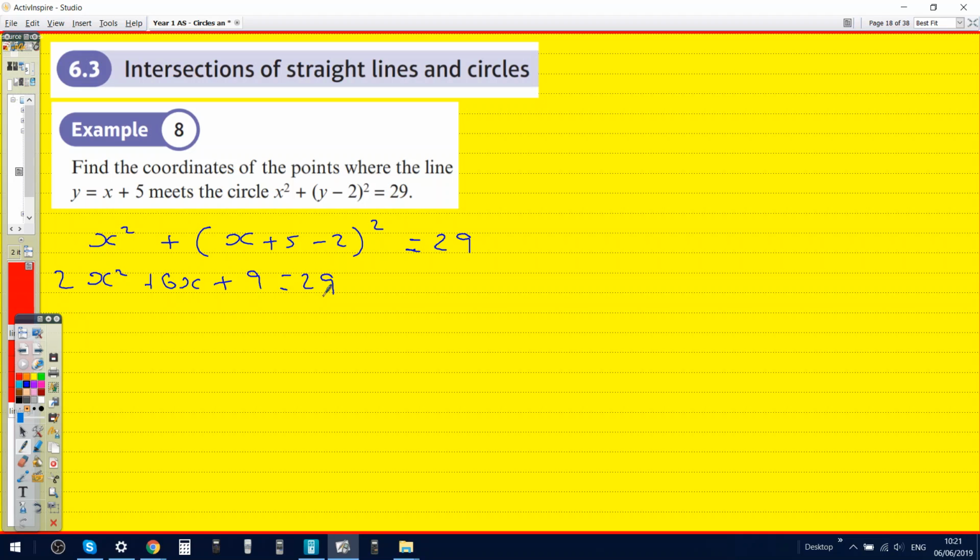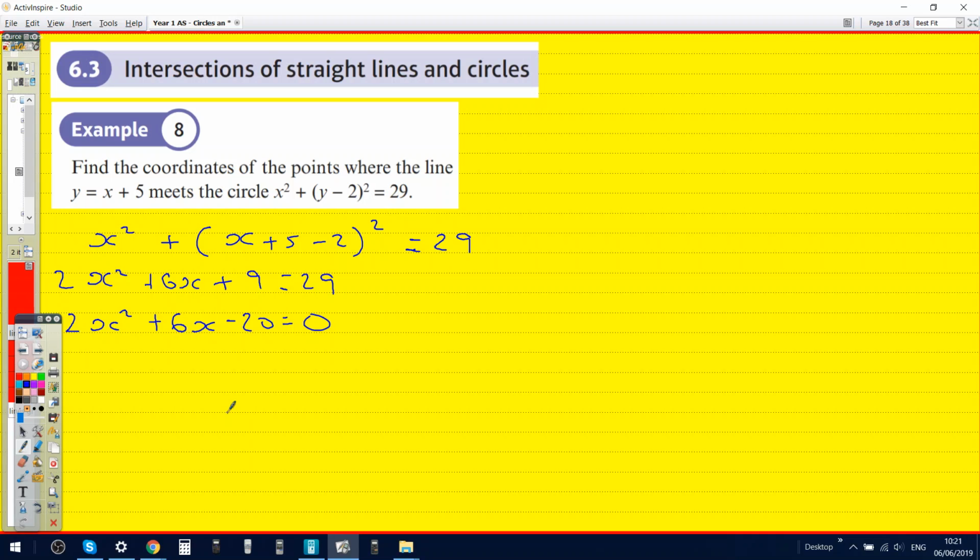So then could we take the 29 across, so it's equal to 0? So we've got a quadratic again. 2x squared plus 6x minus 20 equals 0. And then could I just solve it on the calculator?